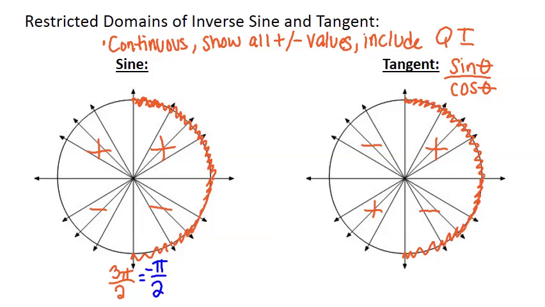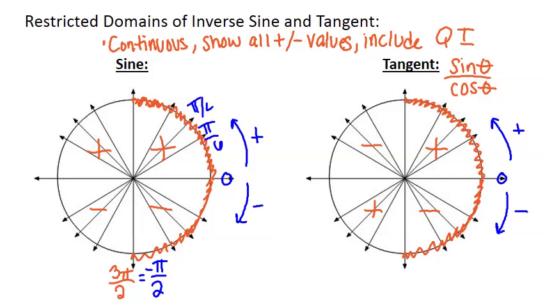Remember, we start up here at 0 at the x-axis, and when we go up, it's a positive direction. So counterclockwise is positive, and clockwise is negative. When we go down like this, instead of counting forwards with the positives, like we have pi over 6 here, then pi over 4, pi over 3, and pi over 2, we just count the same way backwards.